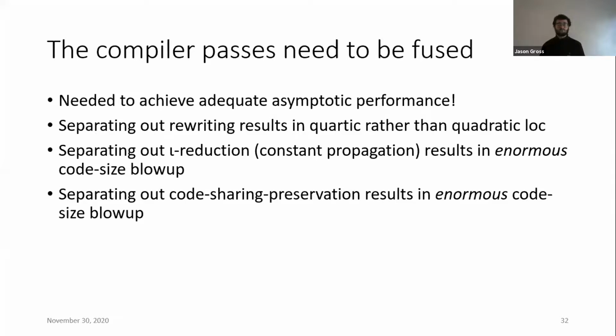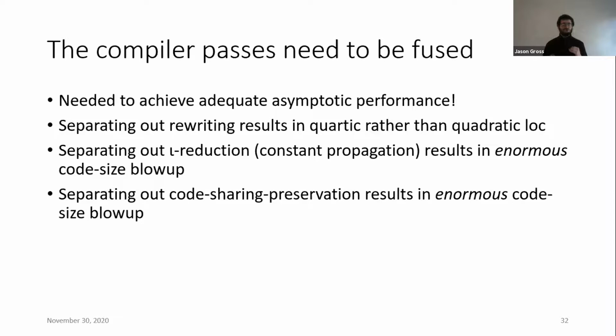And I want to emphasize again, the compiler passes really need to be fused in this domain. This is needed to achieve adequate asymptotic performance. If you do all of the delta reduction without anything else, you blow up the code size. If you do all of the iota reduction without doing any beta reduction, you blow up the code size. If you do all of the beta reduction without being able to do iota delta reduction, you blow up the code size.